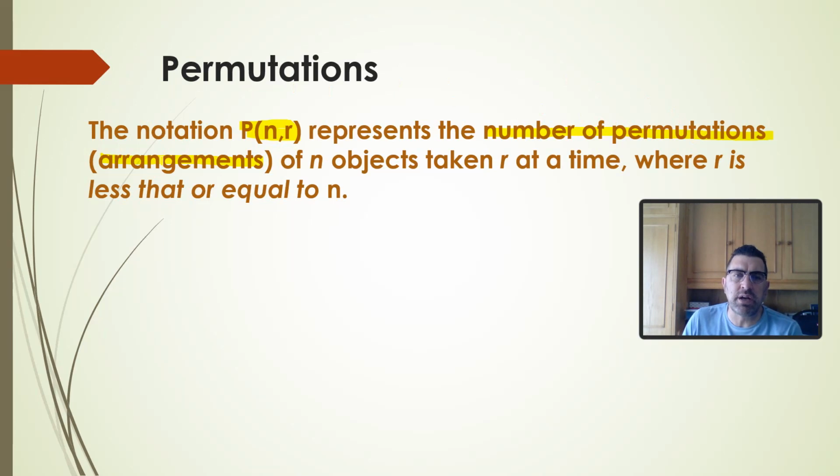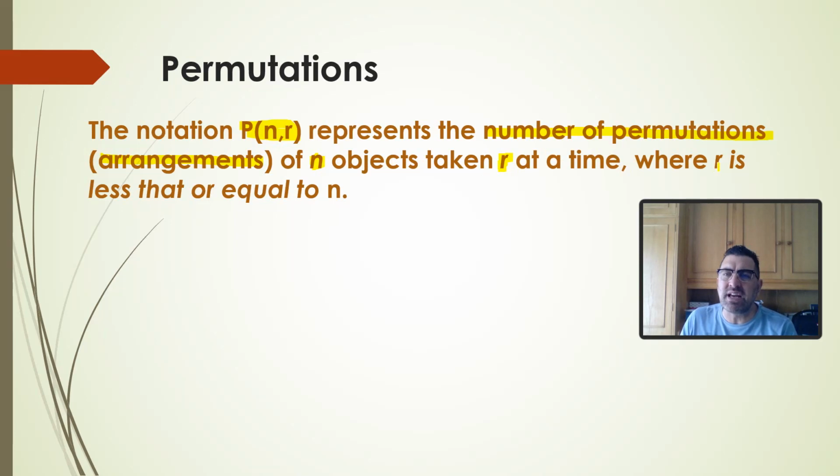Permutations, arrange. There's N objects to arrange, and you're taking R at a time, where R is less than or equal to N. So the notation PNR represents the number of permutations or arrangements of N objects taken R at a time, where R is always less than N.